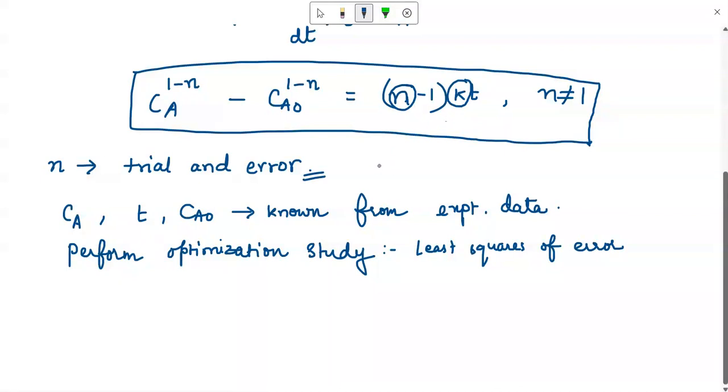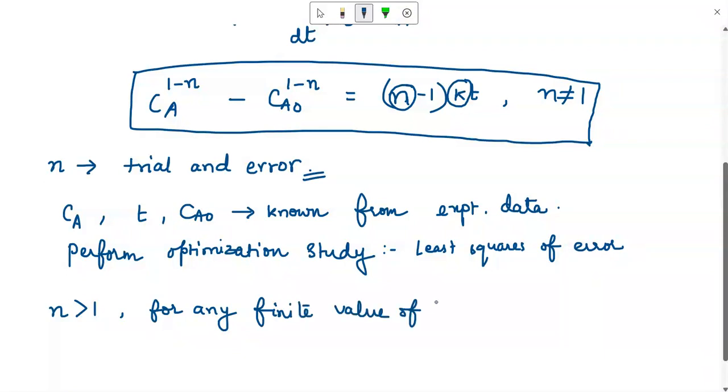Now, one interesting thing about this equation is that if n is greater than 1, then for any finite value of t, let me write it down, the reaction is incomplete.